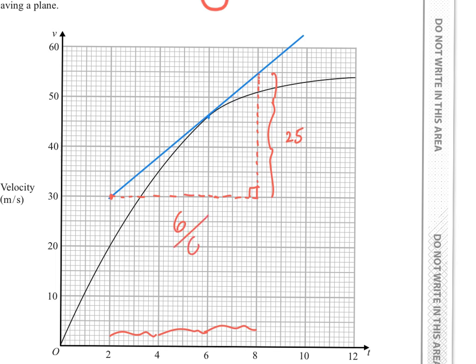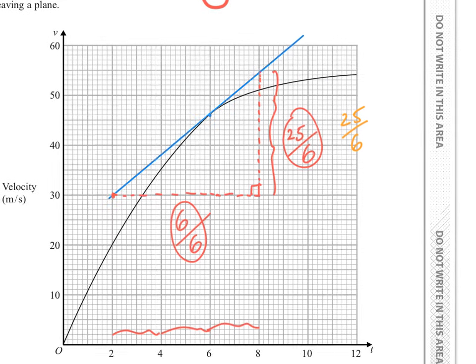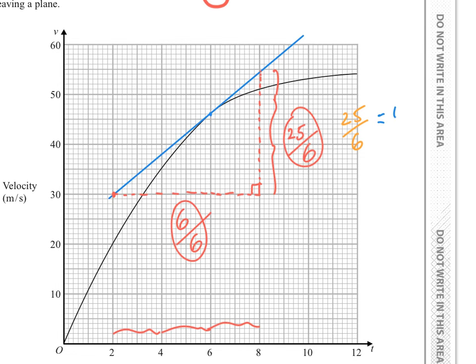You can either divide this by 6 and then this by 6 to scale it down to going along one unit, and then you're going, think about it, uphill, so it's a positive gradient of 25/6, and I'll use my calculator for this. 25 divided by 6 gives me 4.16 recurring, so I would say around 4.2 to 1 decimal place meters per second squared.